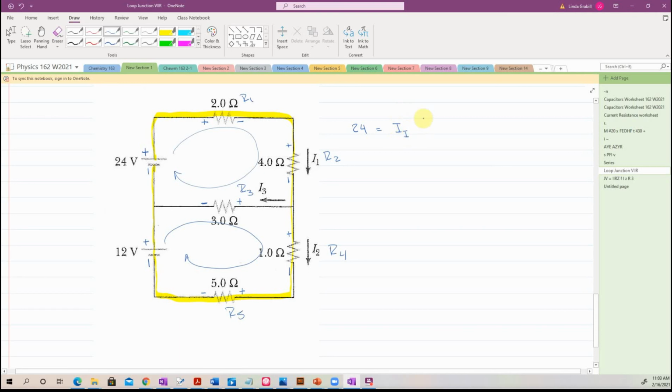So here's I1, R1, plus, I was going to say minus, that's not correct, minus R2, I'll keep them in the same order. Minus I1, okay, this is when you know you're tired. That should be a 1. There we go. Minus I1, R2, then minus, or plus, sorry, I3, R3.